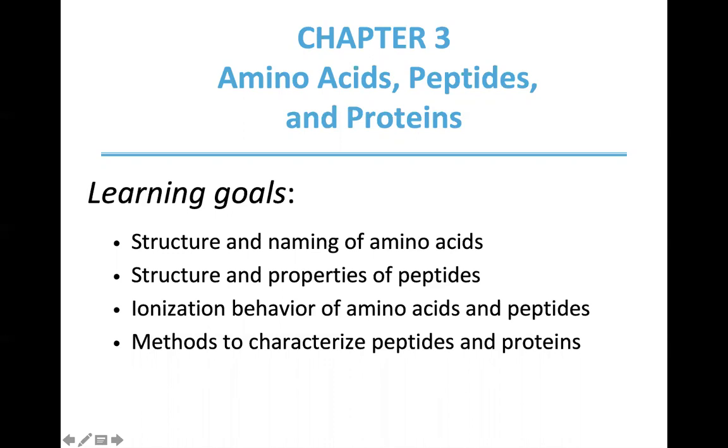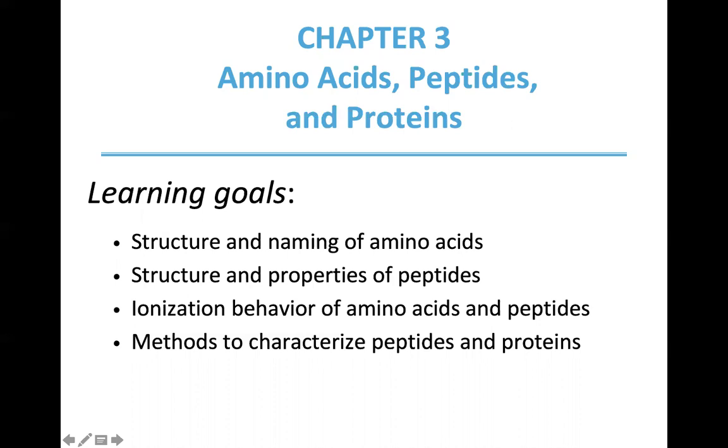There are more than 20, but we're going to focus on 20 because these are the most abundant ones. We're going to learn their structures, how to name them, and based on their structures, their properties. That should be your number one goal in this lecture, to get this material into our brains.